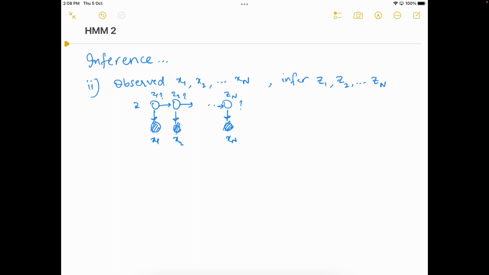So can you write down the ML estimate? Write down the ML estimate of z1, z2, z3, up to zn given x1, x2, up to xn.